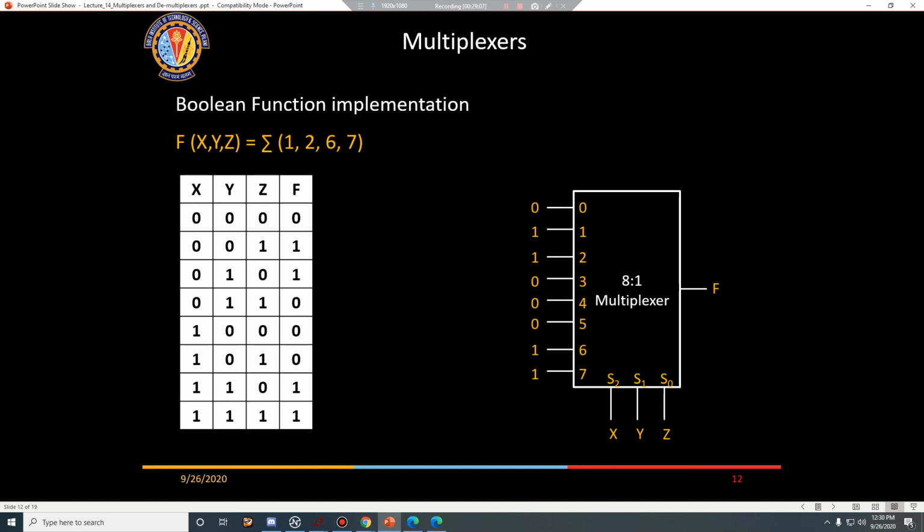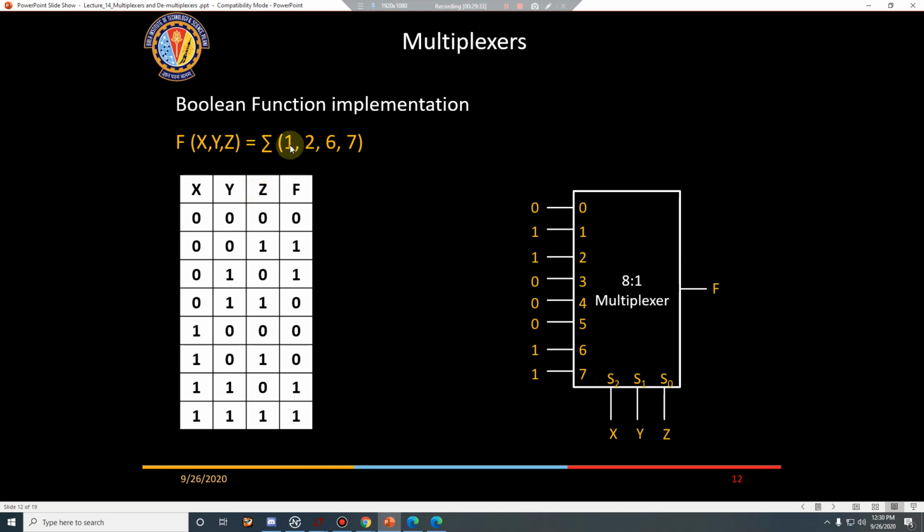Sir, could you please repeat this last point? Yeah, this is implementing a function. The function has 3 variables, X, Y and Z, and we know the minterms. If I put 0 0 0, input 0 gets connected to the F output, so if I put ground there, the output for 0 0 0 will be 0.